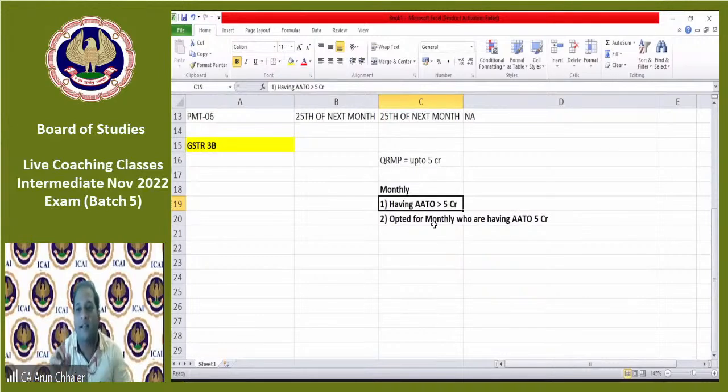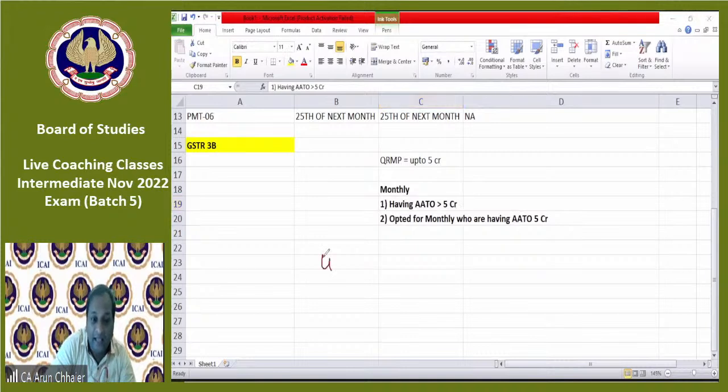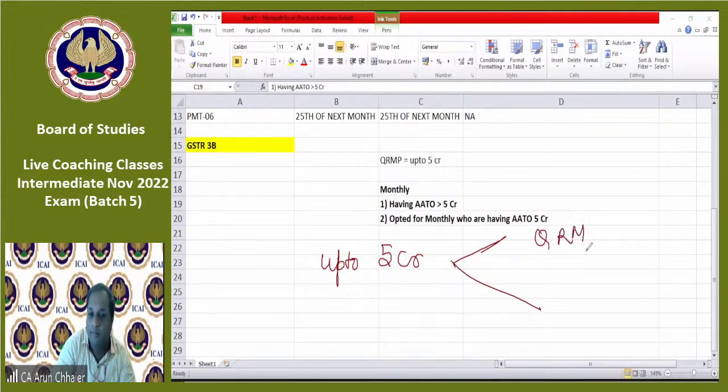The registered person having annual aggregate turnover up to 5 crore. So if aggregate turnover is up to 5 crore, then there are two options, either quarterly or monthly. But if aggregate turnover is more than 5 crore, then there is no option, only monthly.